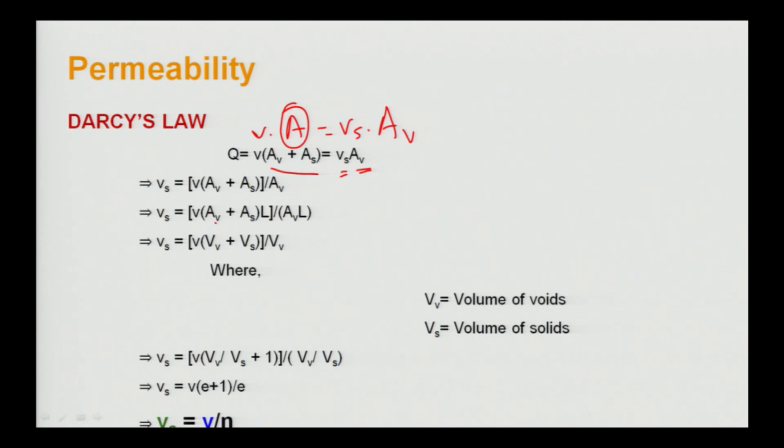Simplifying further, we multiply the entire equation by the length, and you already know that volume is equal to area into length. So we convert area into volume, so that we can bring in terms you have already studied in index properties and other properties of soil.